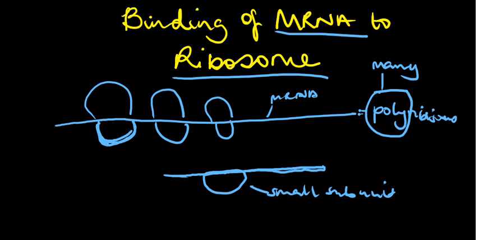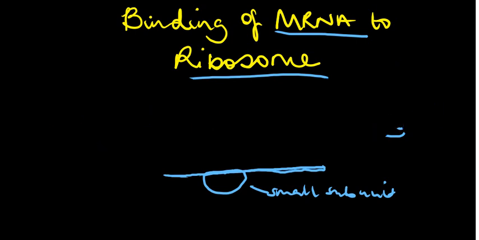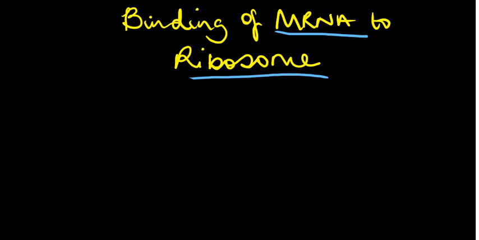So this is what we are going to have. Like you have seen, the smaller subunit binds to the messenger RNA. So let me just draw the complete structure. You have something like this. This is a small subunit that has bound to the messenger RNA. Let's take, for instance, this is 40S.